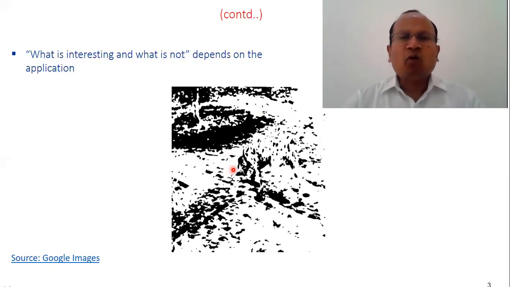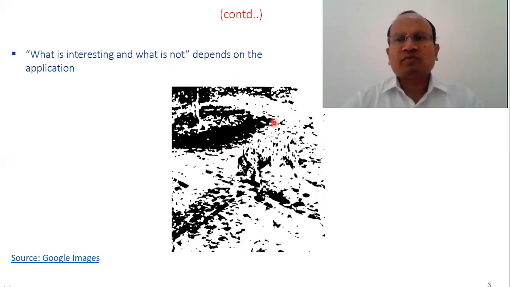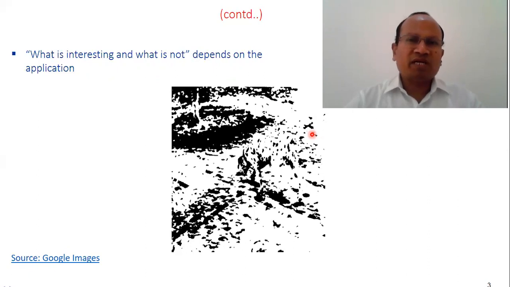So in one way, we can choose what is of interest: what is the region of interest, what is of interest for our application, we will choose that. So it depends on the specific application we are talking about, and accordingly it will be segmented.